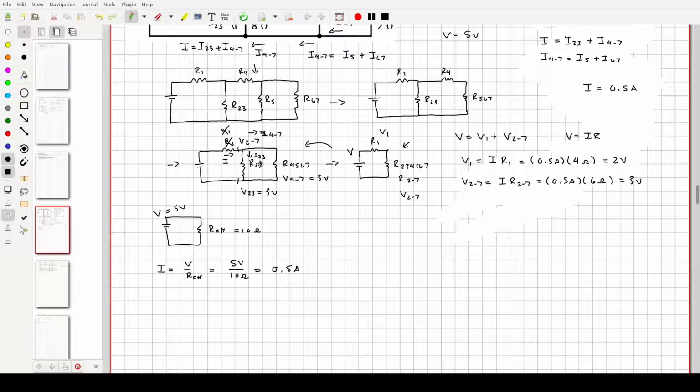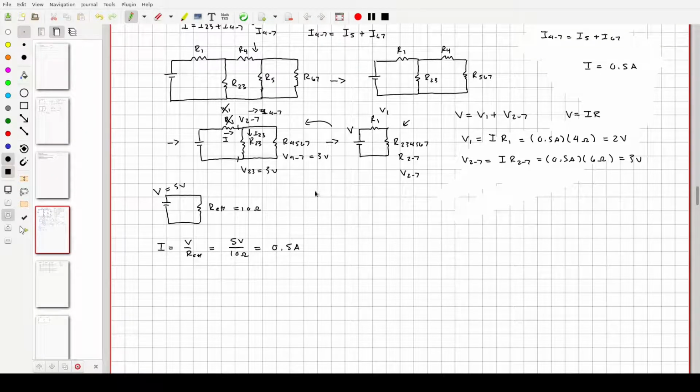Now let's talk about the current. Because V is equal to I times R. So V23, which we know is 3 volts, is going to equal I23, which we don't know, times R23, which we do. So I23 is V23 over R23.